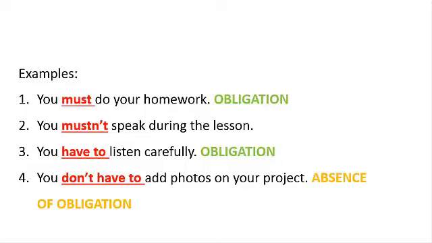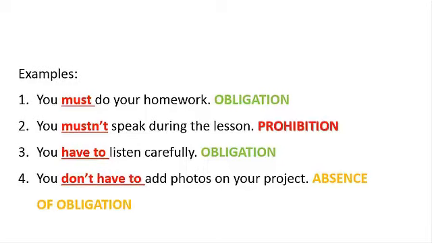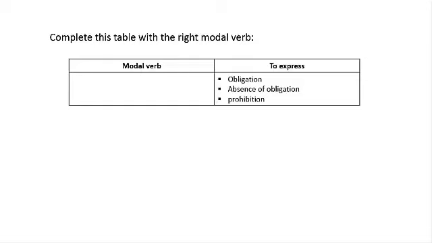And which one expresses prohibition? It's sentence number 2. You mustn't. It's prohibited. Interdit. You mustn't speak during the lesson. Okay, so now can you please draw this table in your copybooks and complete it?